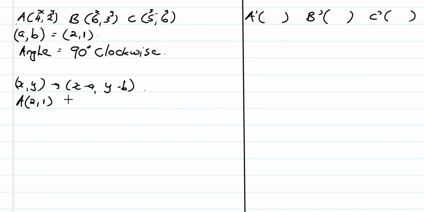Then we do the same for B, where we take, of course, x, which is 6, minus our 2 here, which is now 4. And then we do the same for y, which is 3, but now minus this 1, which is 2. And then we go to C and do the same. We take 5 minus this 2, because it's our a, so it becomes 3. And then we have 6 minus 1, or b, which is 5.